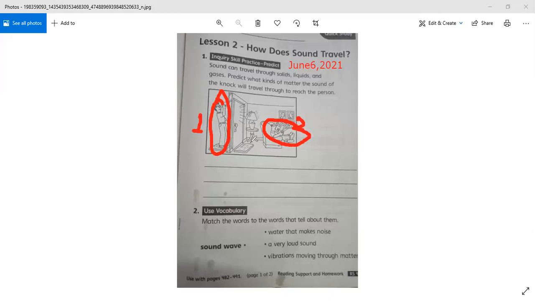How does the sound travel? Will the sound travel through solid or liquid or gas? I mean which kind of matter will the sound travel through to reach this person? Liquid, gas, or solid?